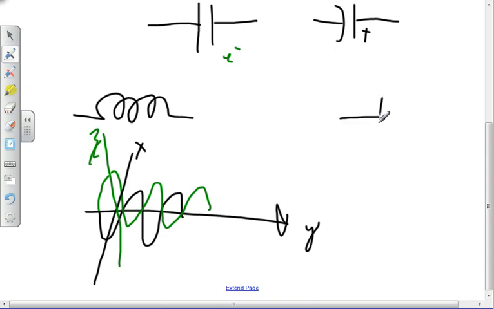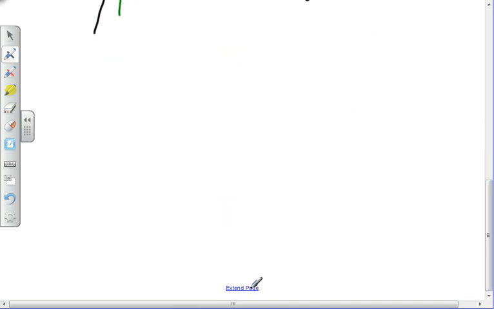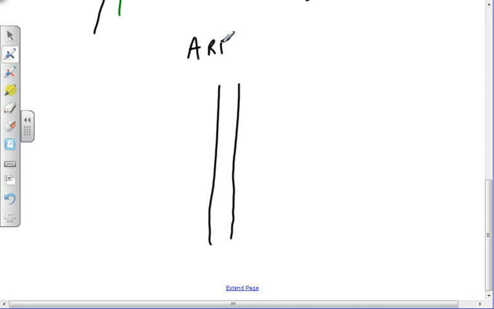I can also have a capacitor that's variable. So I have components with variable capacitors, and I can tweak them. That's a possibility as well. I make a capacitor by having some area associated with something, and between them I could have air, or I could have a dielectric.